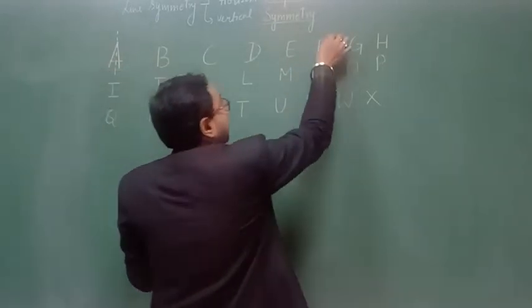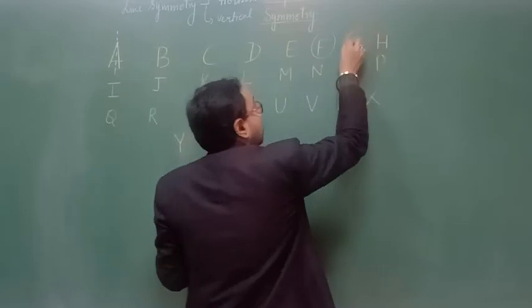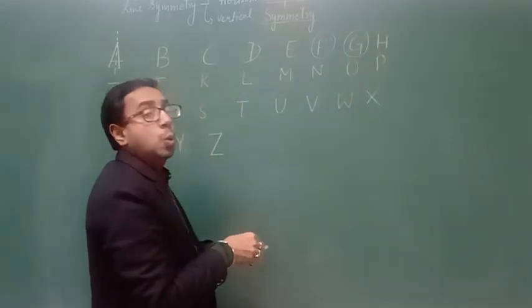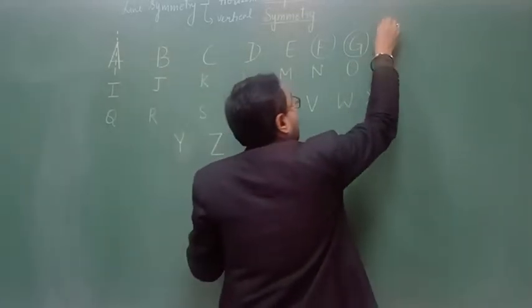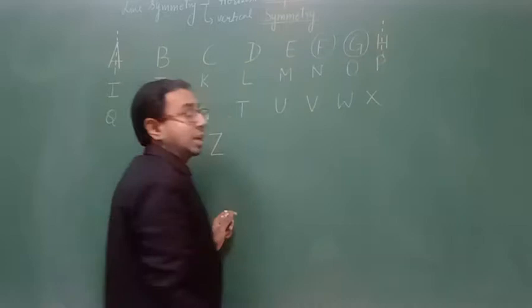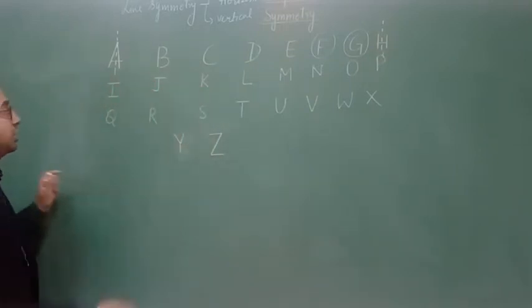That's why F is not having any line of symmetry. Similarly, G is also not having any line of symmetry. But once we move to H, vertically it is symmetric and horizontally also it is symmetric. Hence, H is having two lines of symmetry, vertical and horizontal.